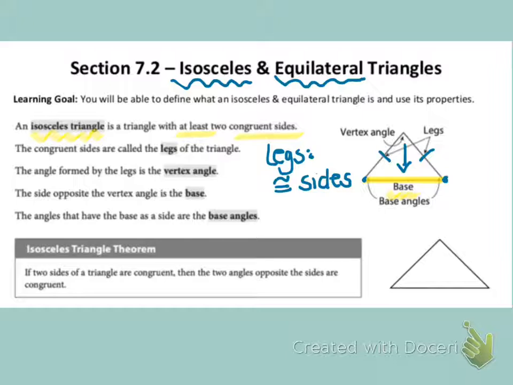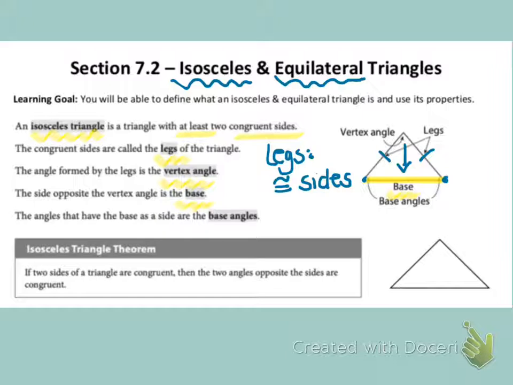But this particular one, the vertex angle, is the angle that's formed by the legs, in other words, the two sides in the triangle that are congruent. So you can see these definitions are all over here. The congruent sides are called legs. The angle formed by the legs is called the vertex angle. The side opposite the vertex angle is called the base.